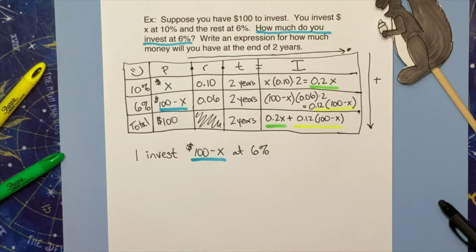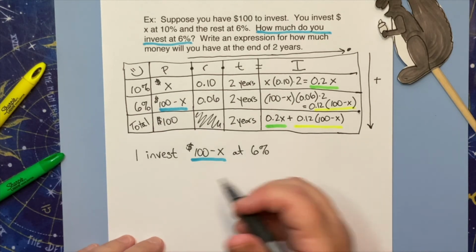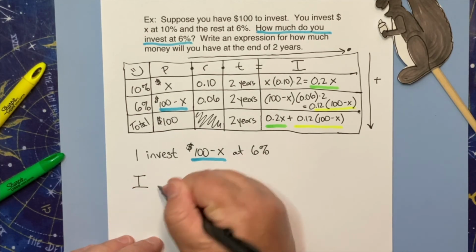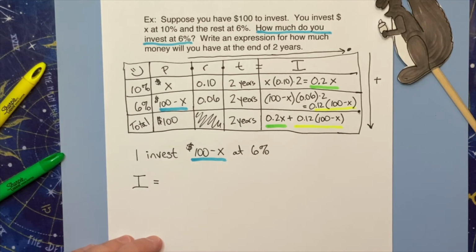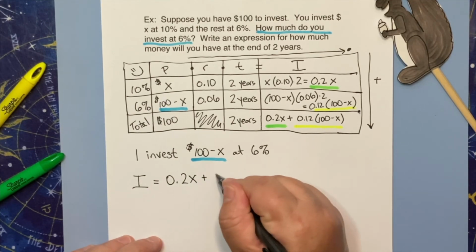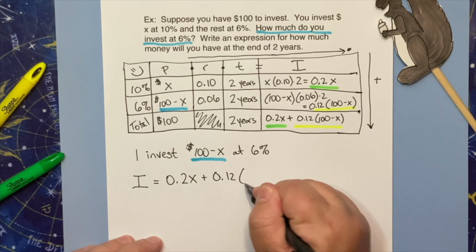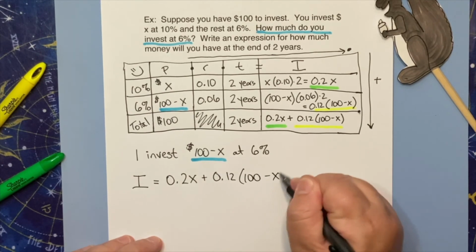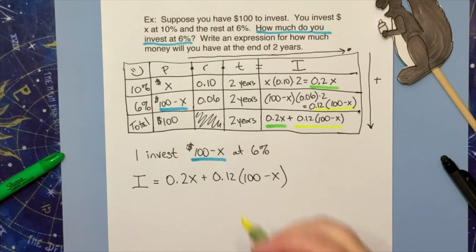And then we also want to write an expression for how much money we will have at the end of 2 years. So the interest for this is going to be 0.2x plus the 0.12 times the quantity 100 minus x. So this is the yellow portion right there.